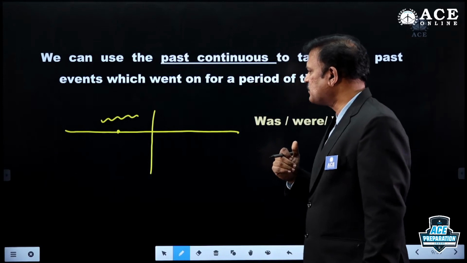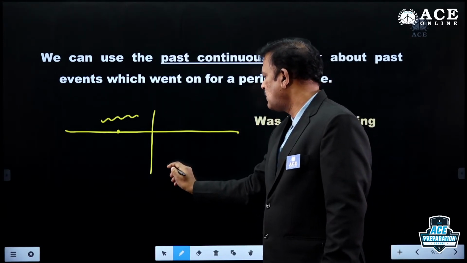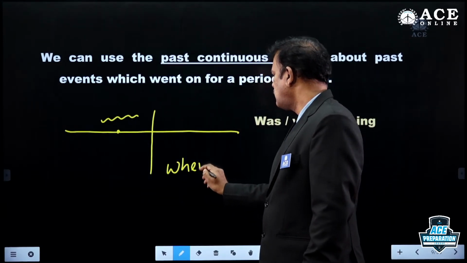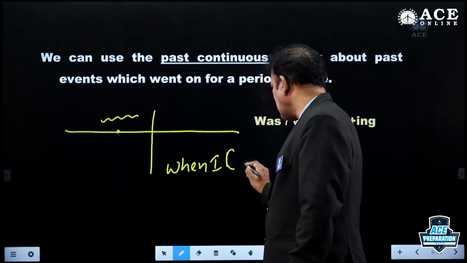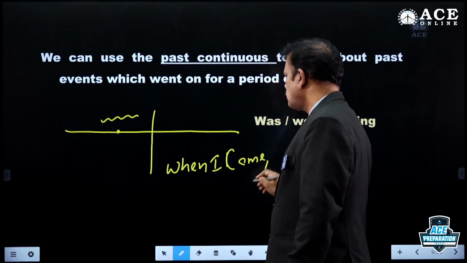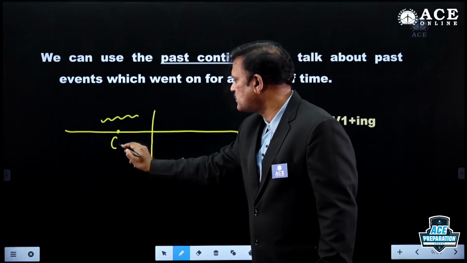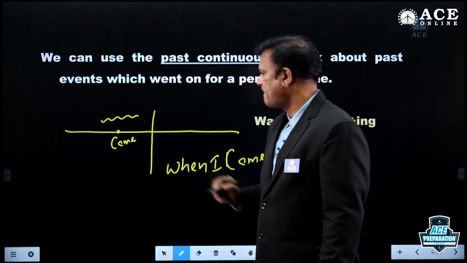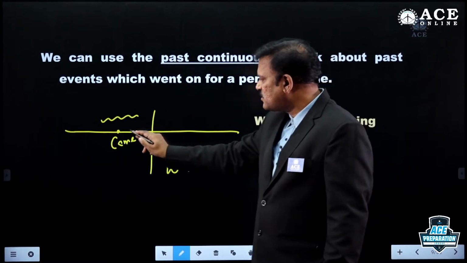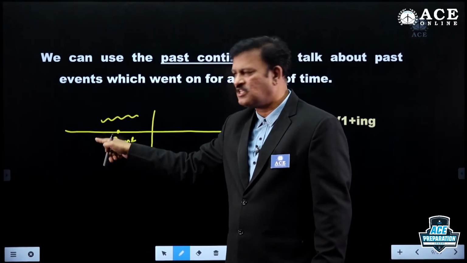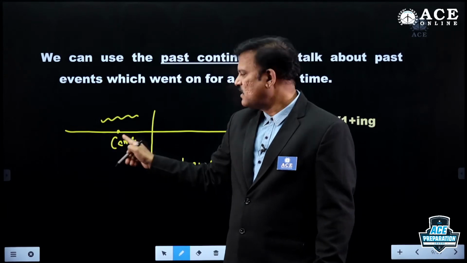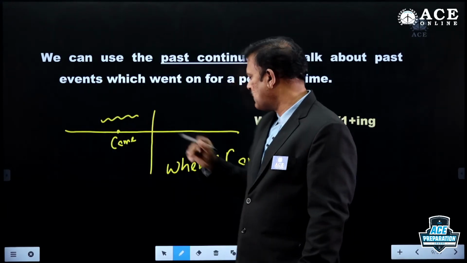Now, how do I express this? Check it out. When I came, obviously this is V2. I'm interested to talk about this action, not this action. If I am interested to talk about this one, then I would say had plus V3. Now I am emphasizing this part.